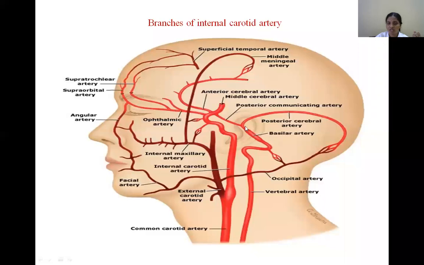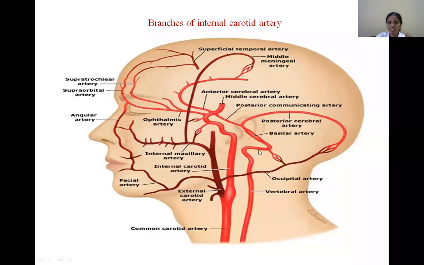So here the posterior communicating artery is involved in the arterial circle of Willis, meaning at the base of the brain there is a circle of Willis, an arterial anastomosis between the branches of the basilar artery and internal carotid. So what is this basilar artery? The basilar artery is derived from the fusion of the two vertebral arteries.